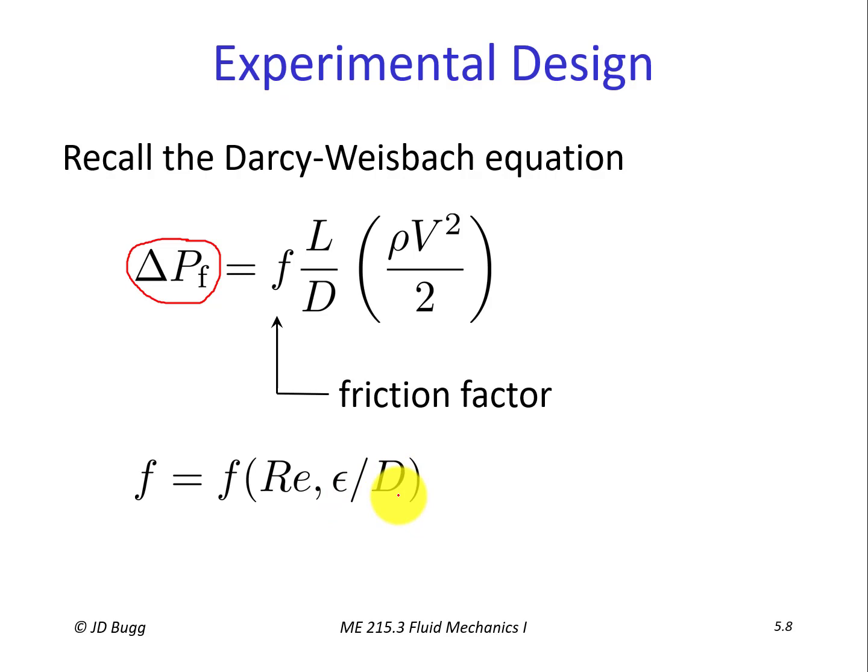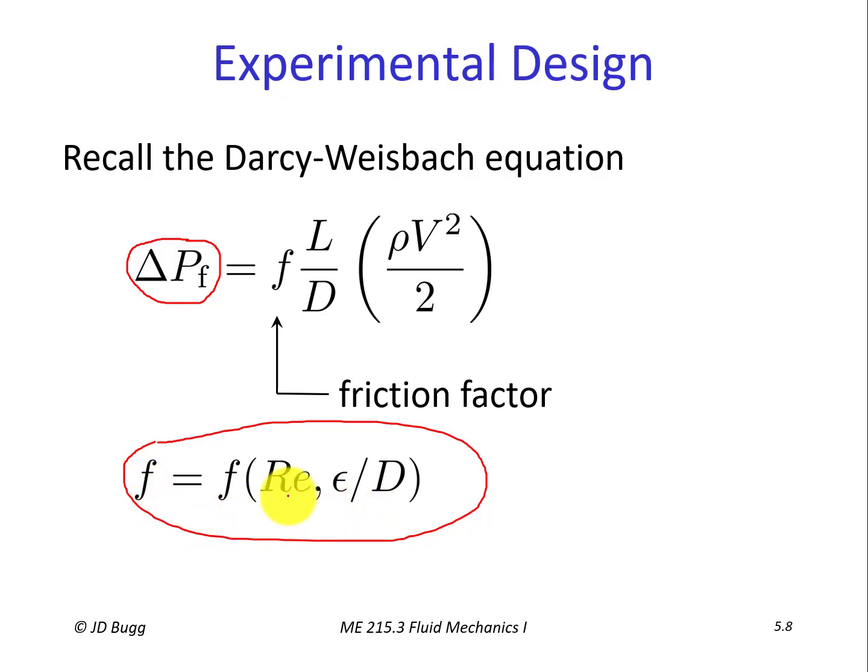So when we go to do experiments, let's say we were trying to do a series of experiments to determine what friction factor is. The reason that this dimensional analysis is so useful to us is we now know that friction factor only depends on these two things.